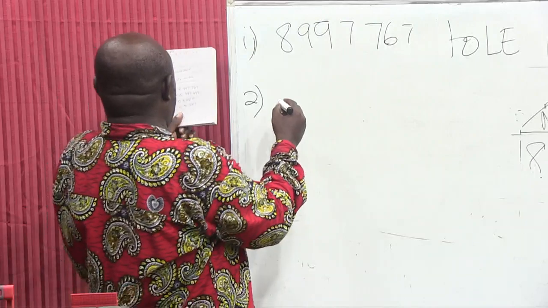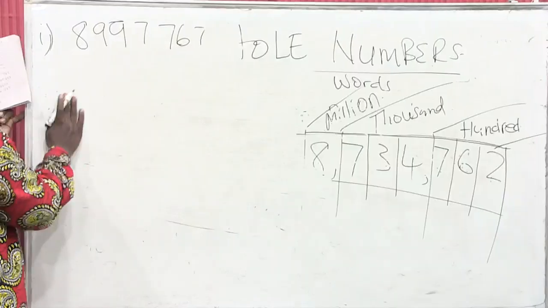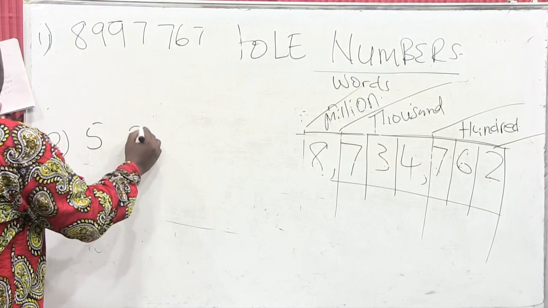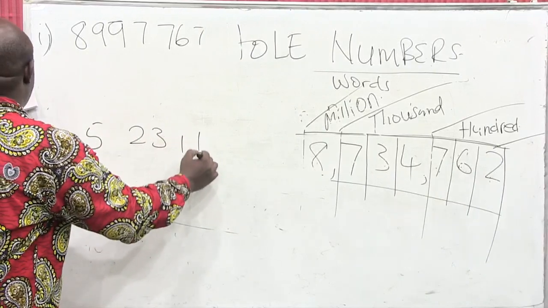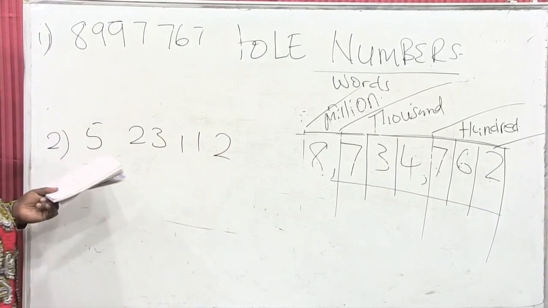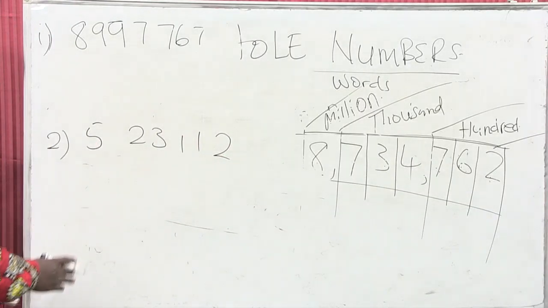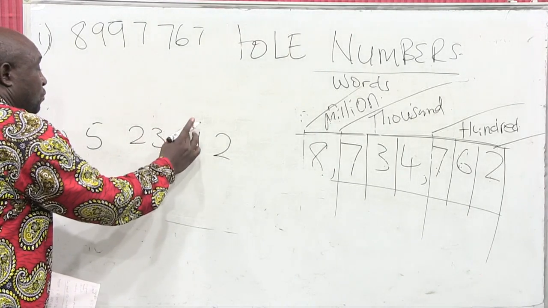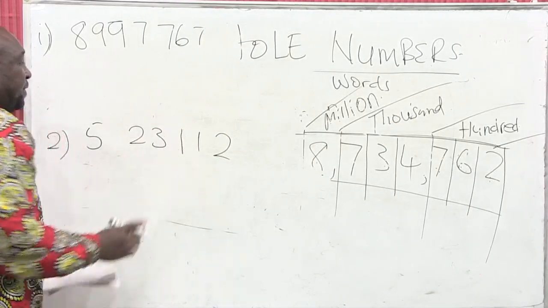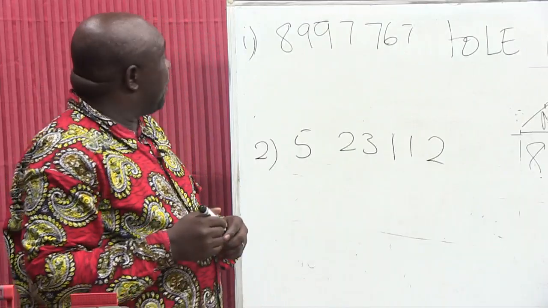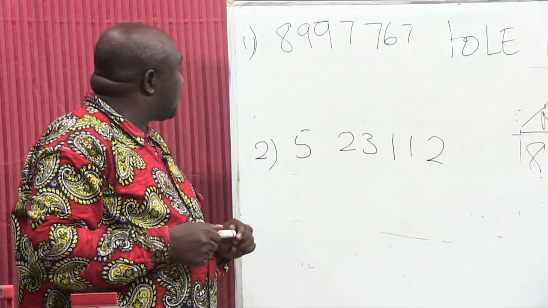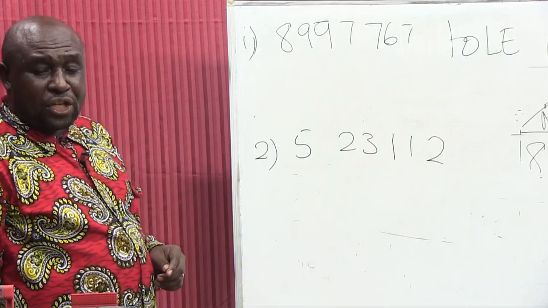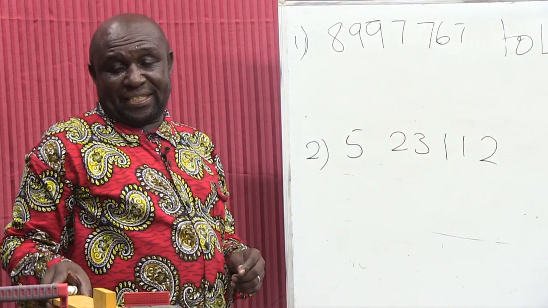Another number is, just to give you 2: 5, 2, 3, 1, 1, 2. So I give you 2 minutes to write your answer and read it.